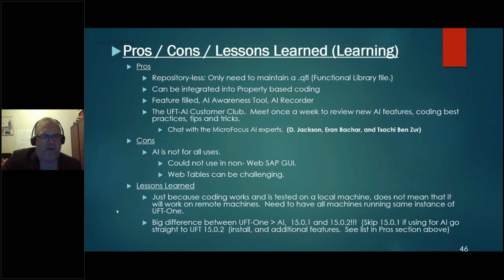And you don't have to maintain a whole lot, so it's not like everything changes totally, but it's a new approach to making maintenance easier, because you're only adjusting a .qfl, your functional library, and you don't have to go in and change the repository side of things. And once it's in your library, you can just copy and paste it to different functions that may need the same commands.